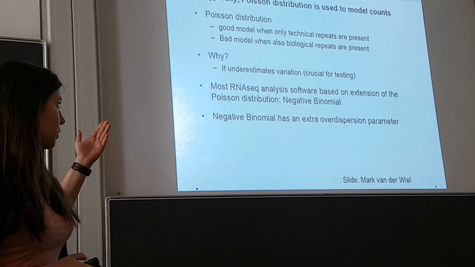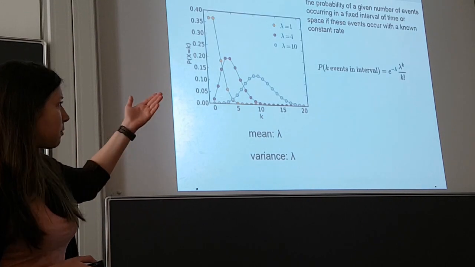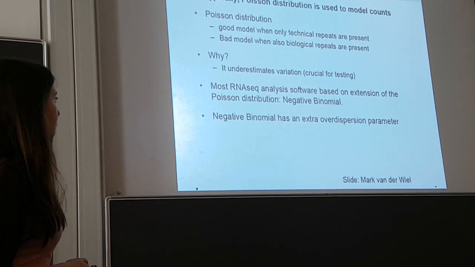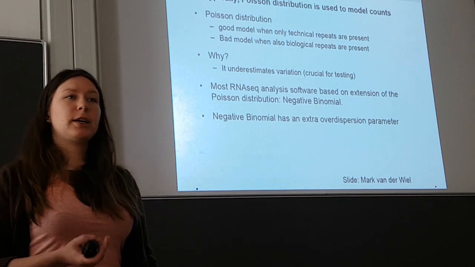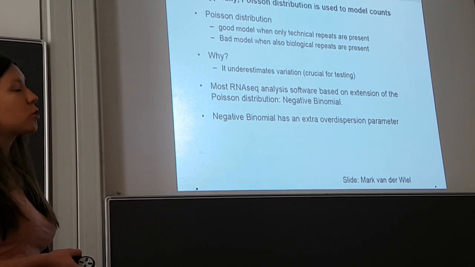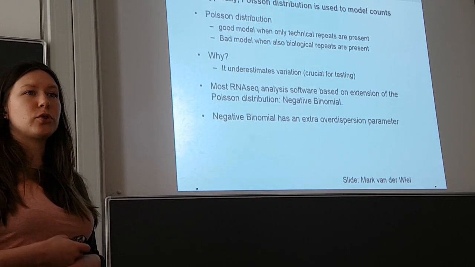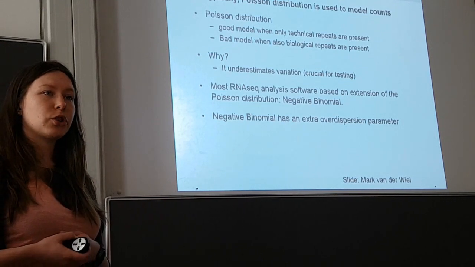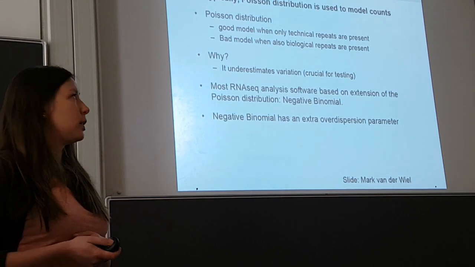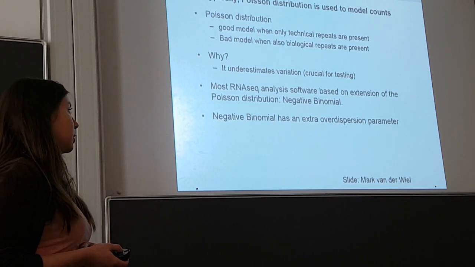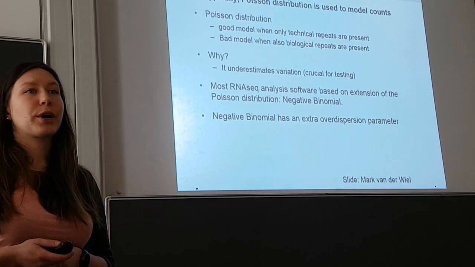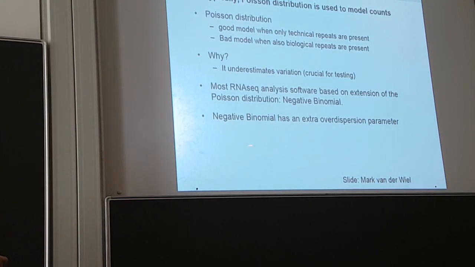So why is Poisson a good model? Because it just models a given number of events in a fixed interval of time. And if technical replicates exist, then Poisson is a nice model. But if you introduce biological replicates, which have more variability, then the Poisson distribution was found to be not as effective as you might expect. Why is it not effective? Because it underestimates variation.